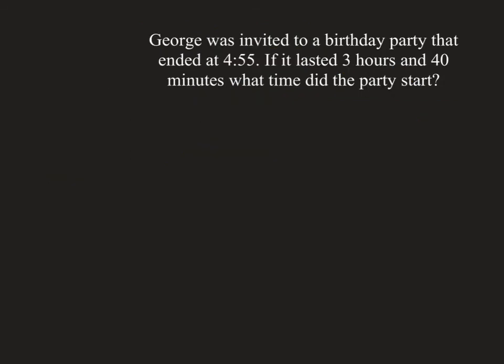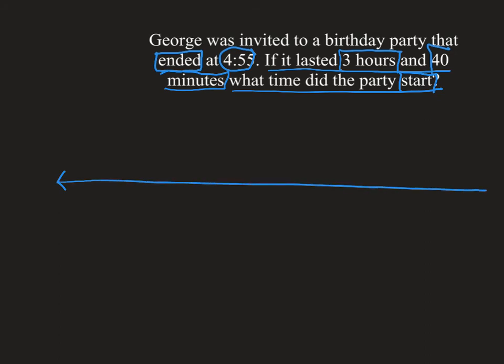Okay, George was invited to a birthday party that ended at 4:55. If it lasted 3 hours and 40 minutes, what time did the party start? So we're given an ending time of 4:55. So I will label that first.